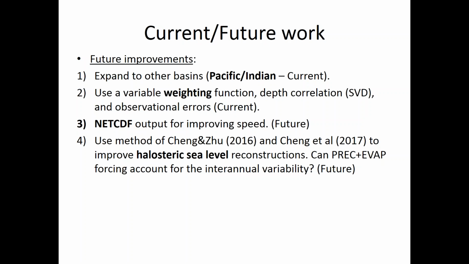For this, we could use, for example, precipitation and evaporation as other predictors. That would improve the interannual variability as well. So once you have this working, this could be the next step.